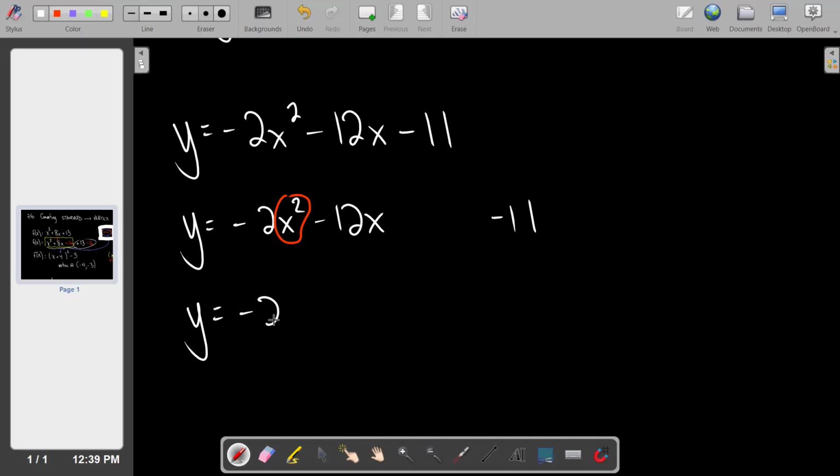Yes, you do. So we're going to pull out -2. And do remember that when you pull it out, you're not pulling it out from the 11, right? You're only pulling it out from the first two terms. So if we pull out -2, what's left of -2x squared? x squared. What's left of -12x?